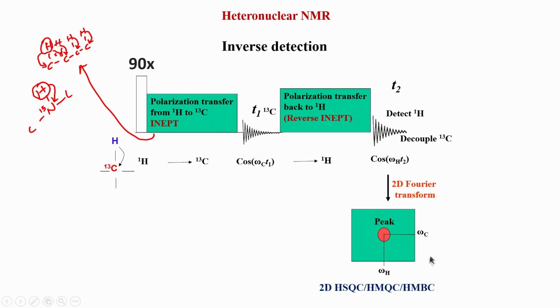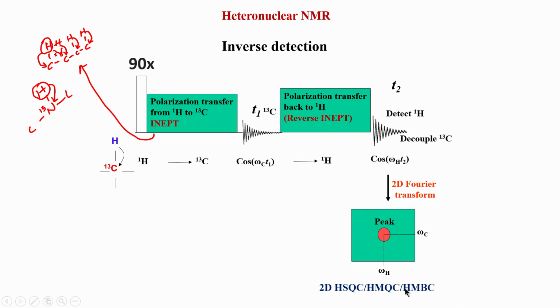So this experiment which is shown, this correlation where you have a carbon in the indirect dimension and a proton in the direct dimension, is called an HSQC or an HMQC. HSQC stands for heteronuclear single quantum correlation, HMQC is heteronuclear multiple quantum correlation, and HMBC is for multiple bond correlation.